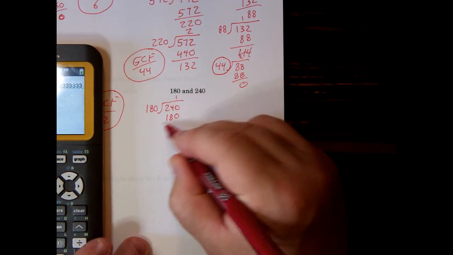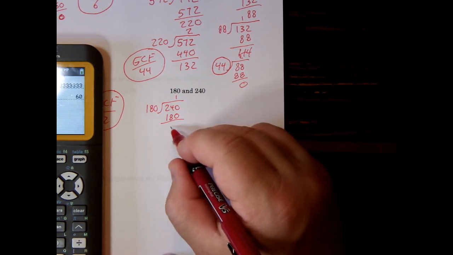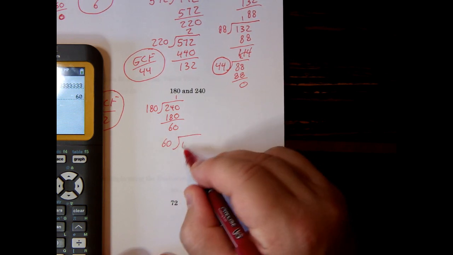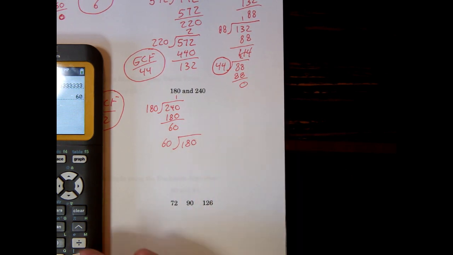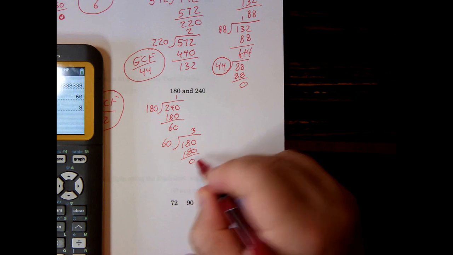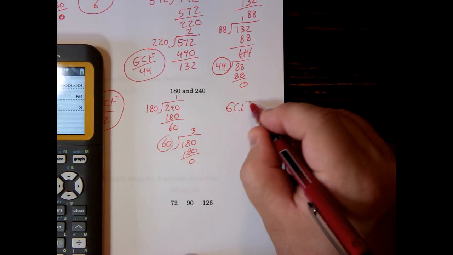So 240 minus 180 is 60. How many times will 60 go into 180? That goes perfectly 3 times. No remainder, so the greatest common factor is 60.